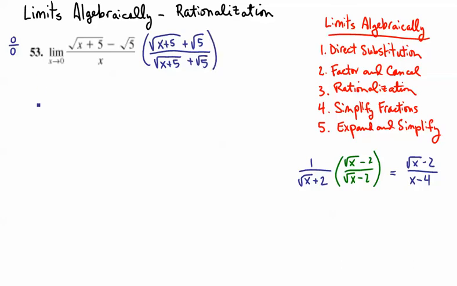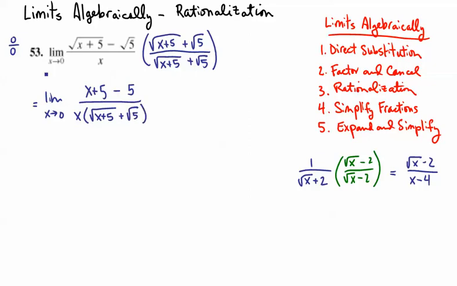When we do that, we have the limit as x approaches 0, the top becomes first term squared, x plus 5, minus second term squared, 5, all over x times, we'll have a much more complex denominator now, square root of x plus 5 plus the square root of 5.